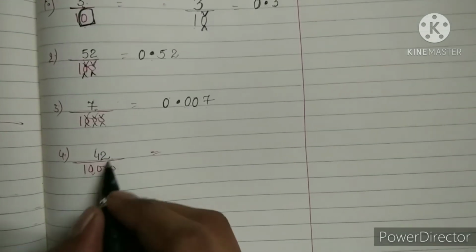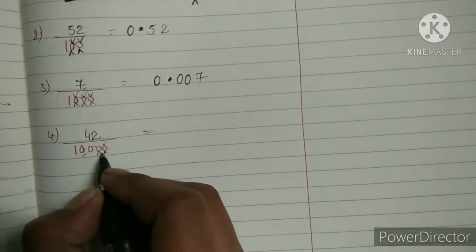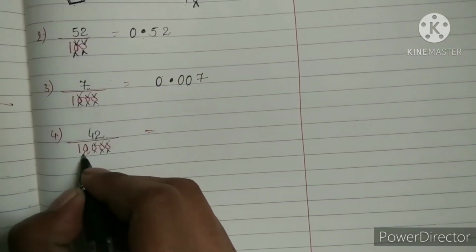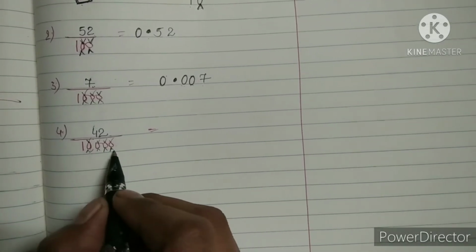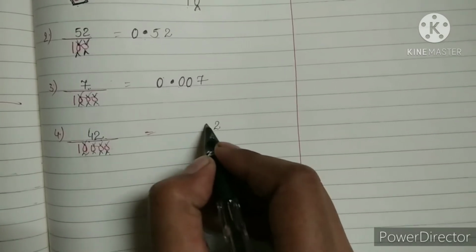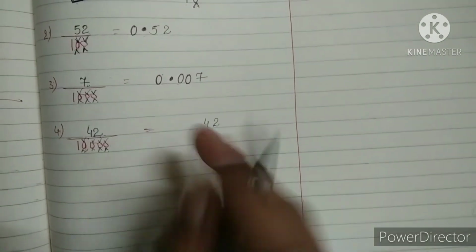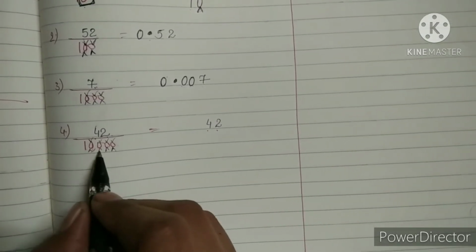Now 42 is being divided by 10,000, and 10,000 has 4 zeros, so 4 toffees. Now we have to distribute these 4 toffees to 42. So 2 will take 1, 4 will take 1, still 2 toffees are remaining. 1, 2, 1, 2, 3, 4.